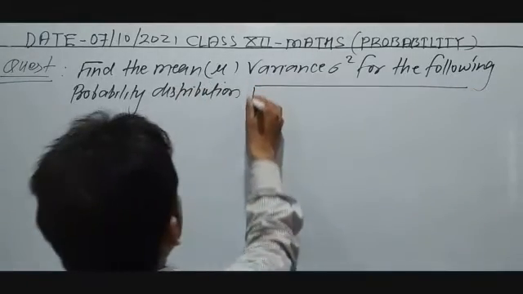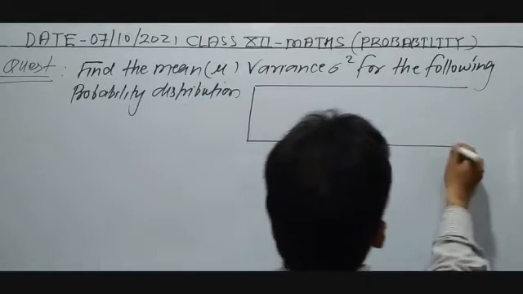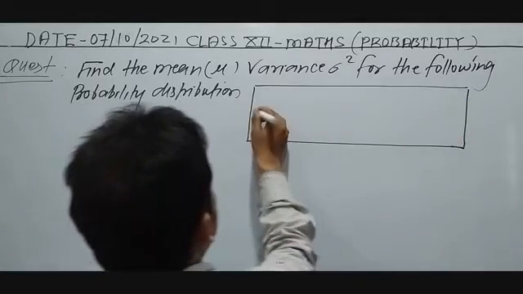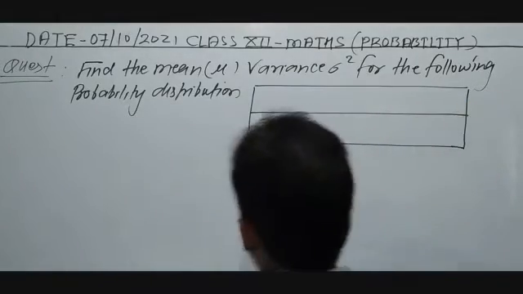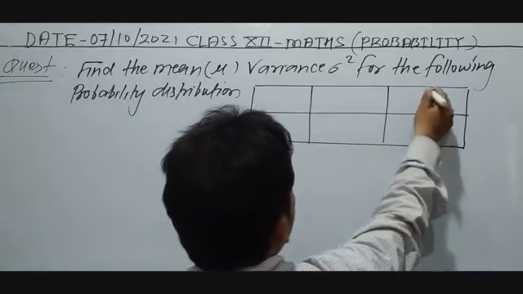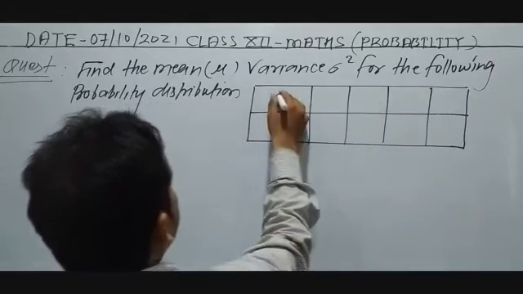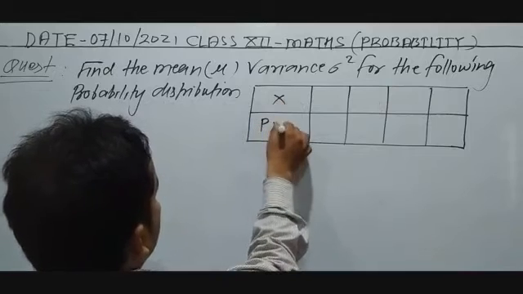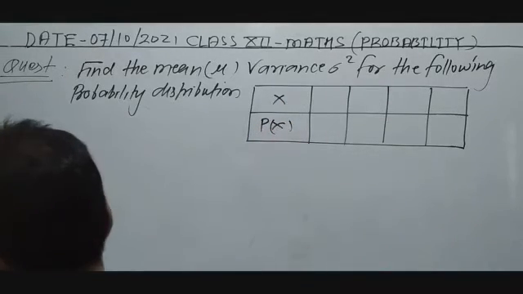This is the probability distribution table given. This is the random variable and these are their corresponding probabilities.